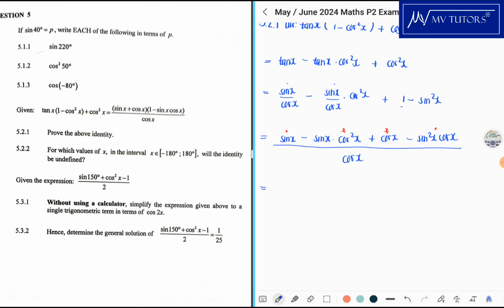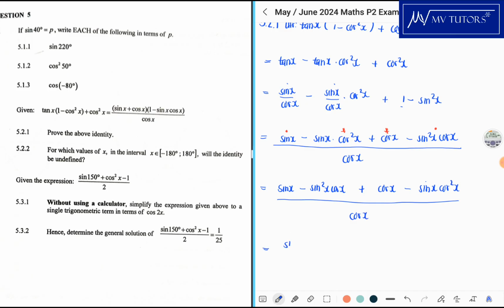So I'm going to take out, okay, let me just put them together. I have sine x minus sine squared x cos x, and then I have cos x minus sine x times cos squared x, and that is all over cos x.